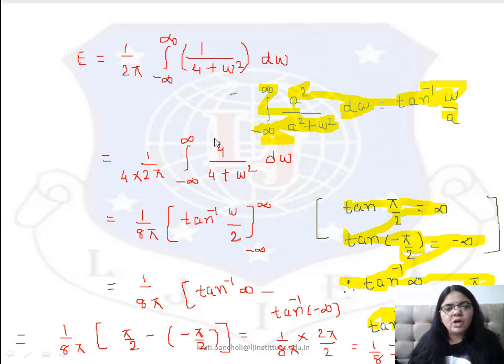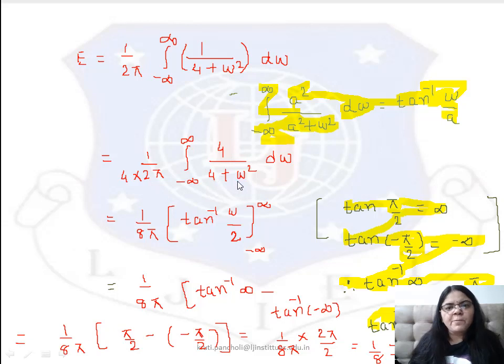So what should I do? I should multiply and divide by 4. So it is 1/(4 × 2π) ∫ from −∞ to ∞ of 4/(4 + ω²) dω.